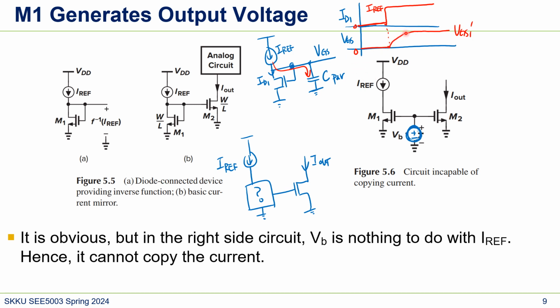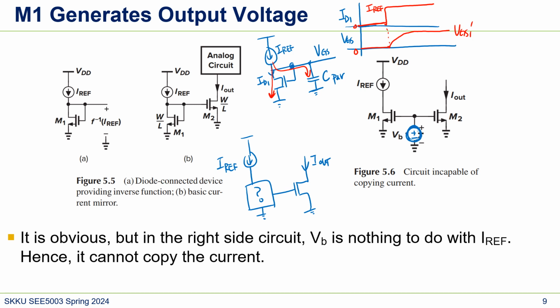But since the voltage increases here, this MOSFET starts to flow current. So the current flowing here will decrease, and once this MOSFET is turned on enough to flow this IREF, this current will disappear, once this ID1 reaches the IREF.